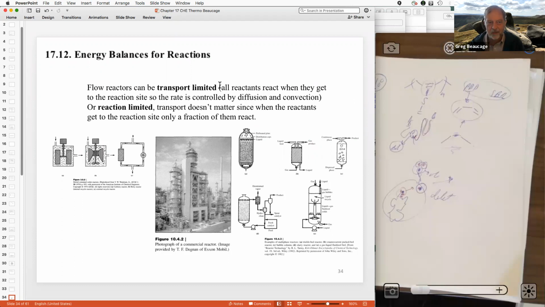Like burning fuel, that doesn't really depend on the equilibrium constant. So you have a huge change in free energy. The reaction constant is something in the thousands or hundreds of thousands. So it's not an equilibrium reaction. It depends on how fast you can get fuel and oxygen together. So that's a diffusion limited reaction.